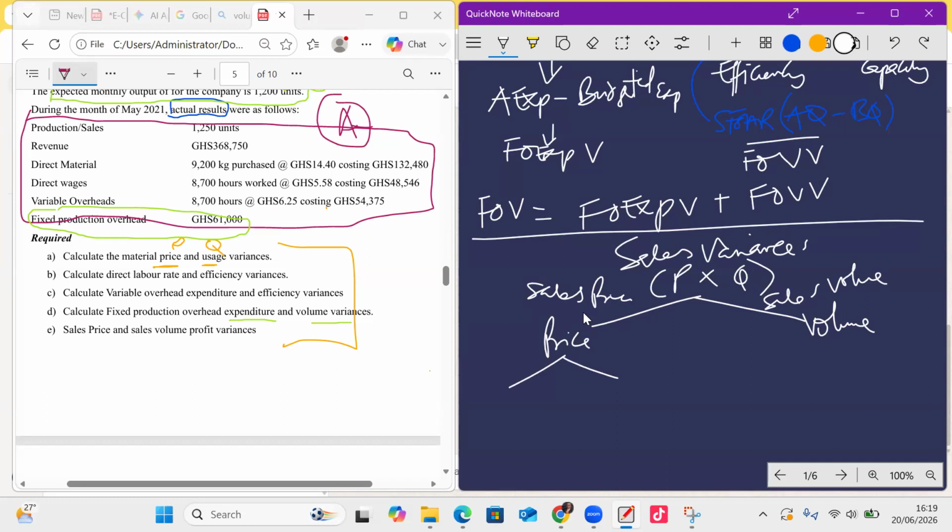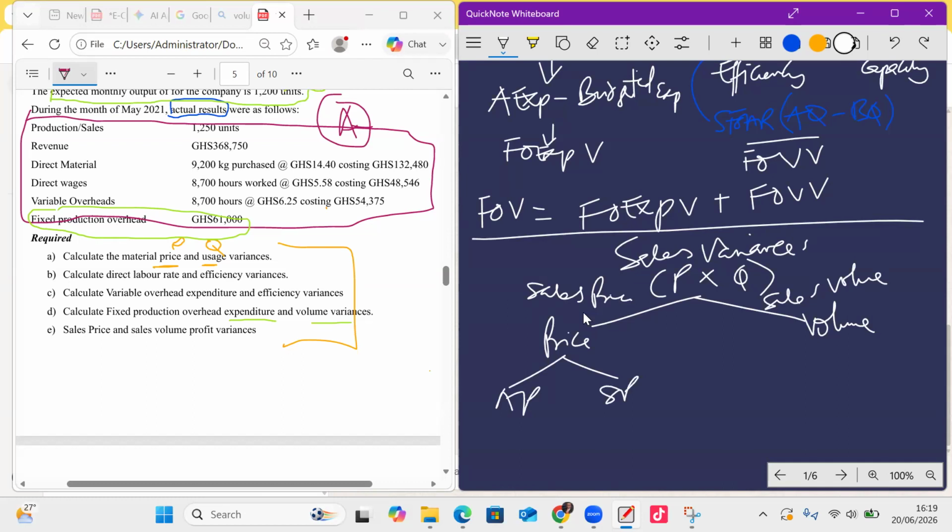Here we use our normal actual price and standard price. Then when it comes to the volume, here we are going to compare the actual and the budgeted.